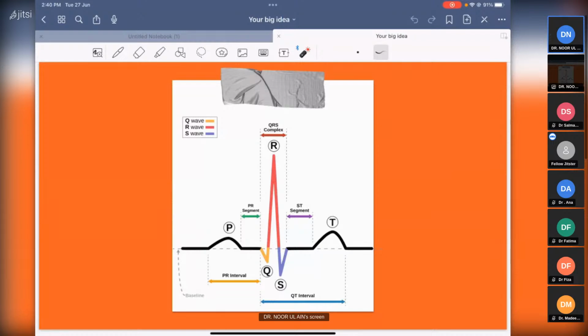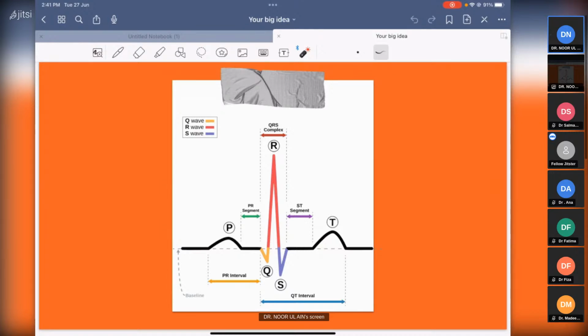And then comes the ST segment. This is when the entire ventricular tissue is depolarized and hence there is no net movement of charges. No net movement of charges means there is no net deflection and hence the ECG machine does not pick up anything. And then we come to, can everybody see my screen?